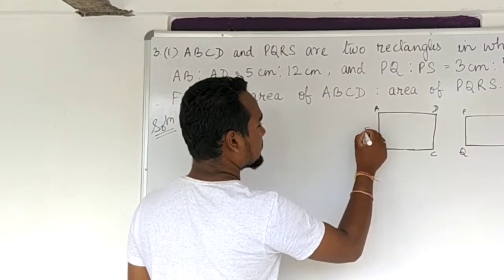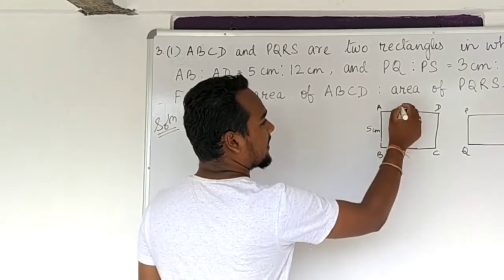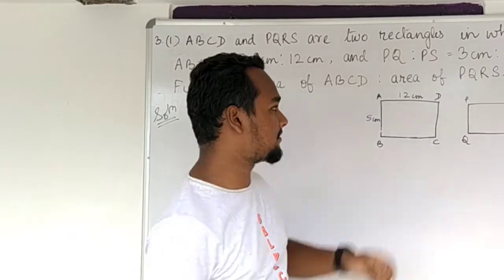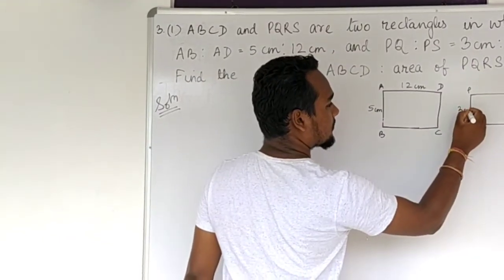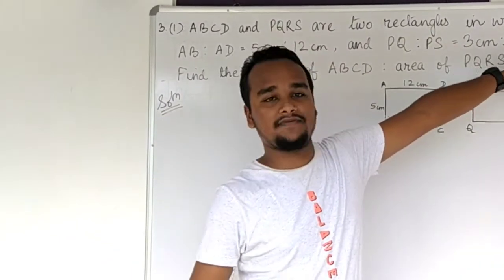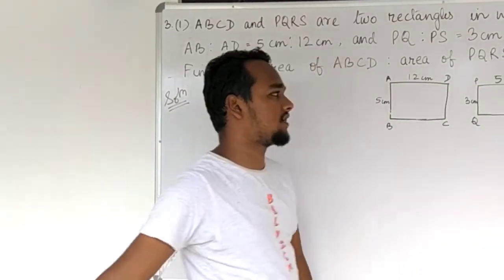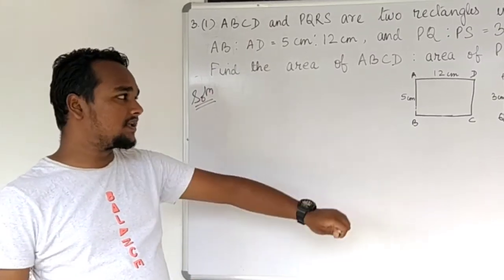Your AB is 5 centimeters and AD is 12 centimeters. Your PQ is 3 centimeters, and PS is 5 centimeters.